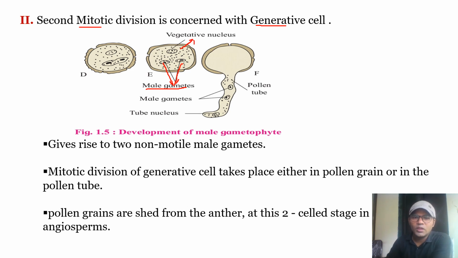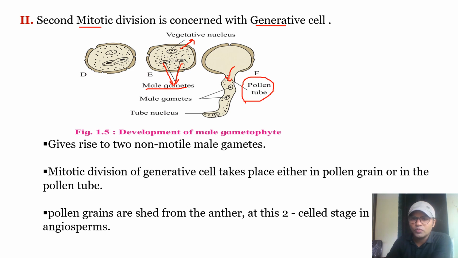Okay. Now, due to the absorption of sugary substances from stigma, pollen grain grows in size and the intine comes out. Here the intine comes out through germpore, forming pollen tube.